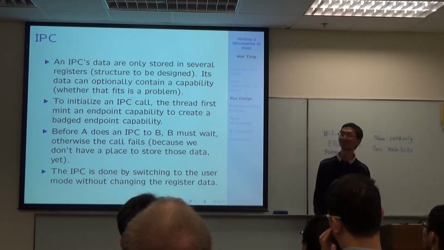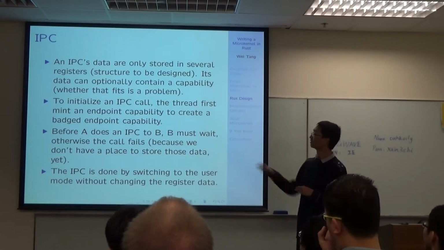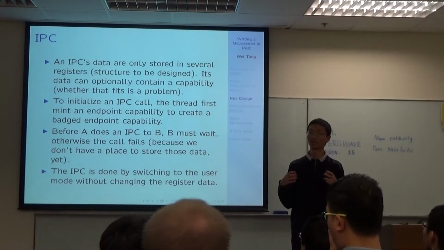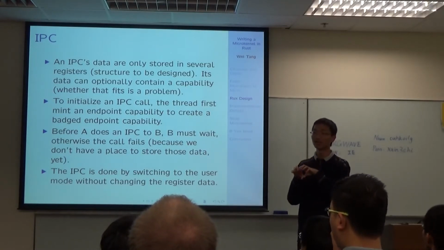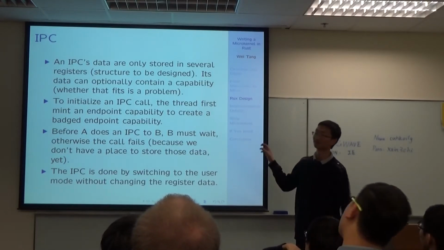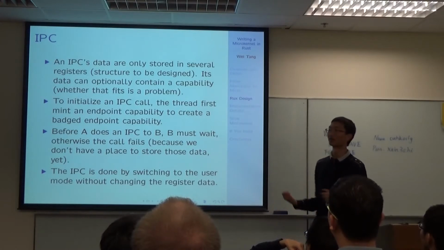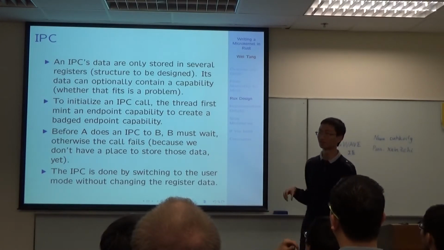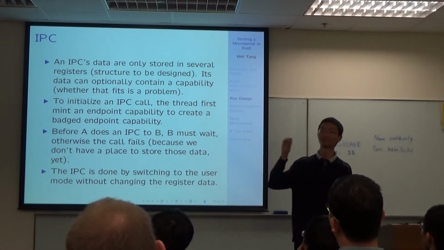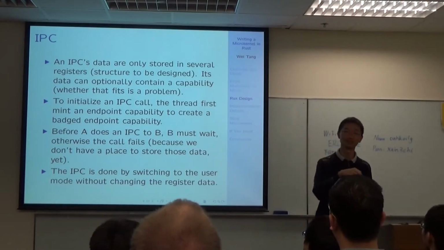And IPC basically works like this, which is also not implemented. You get a really small IPC, and all that IPC information is stored in registers. So a thread stores its IPC information, a message, into its registers, then does a kernel call and switches to kernel mode.